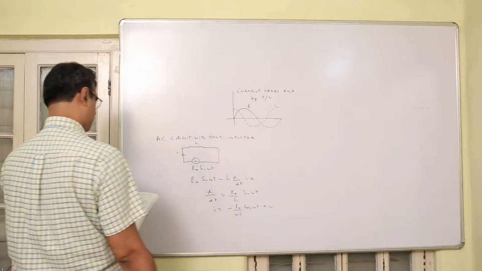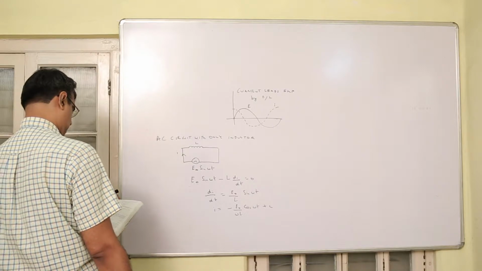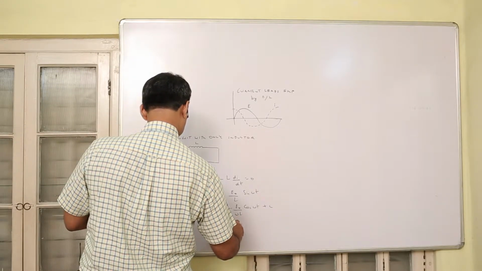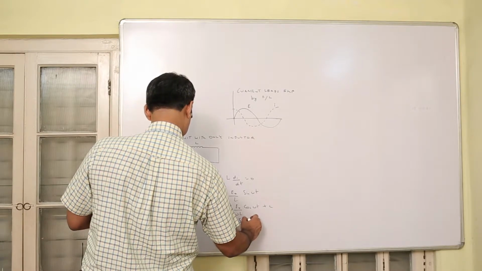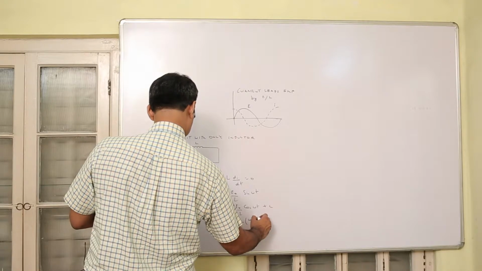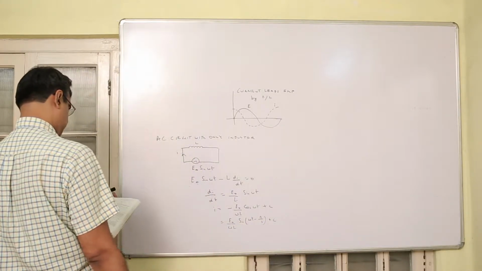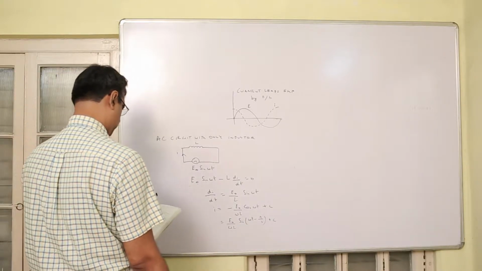If you integrate both sides, I equals minus E0 by omega L cos omega t. So I is E0 by omega L sine omega t minus pi by 2.